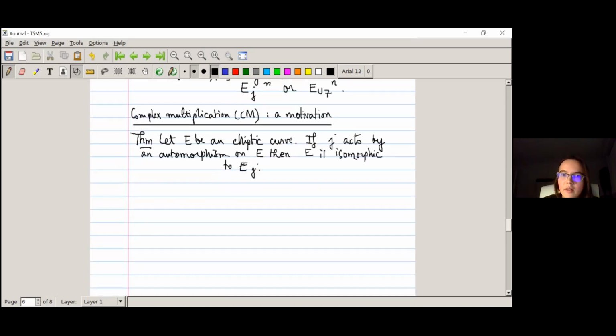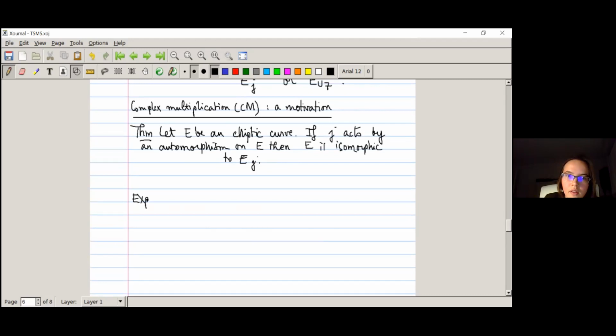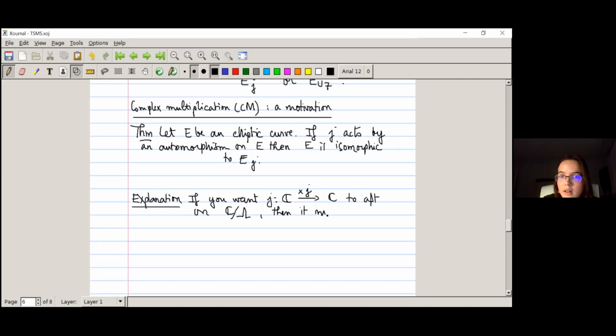So the idea is that if you want G, which acts by C to C by multiplication, to act on C quotiented by lambda, then it must go to the quotient, so it must be that G lambda equals lambda.